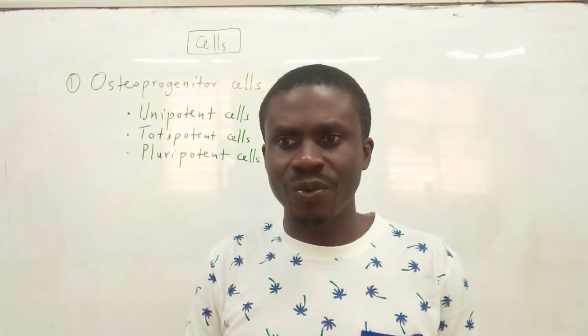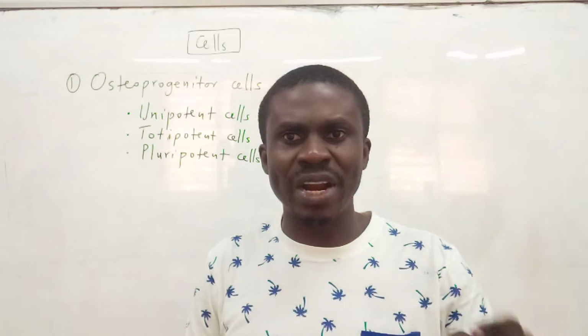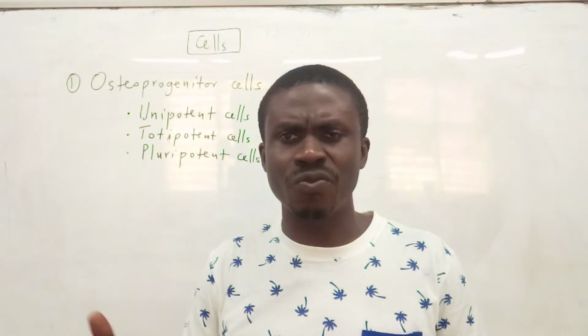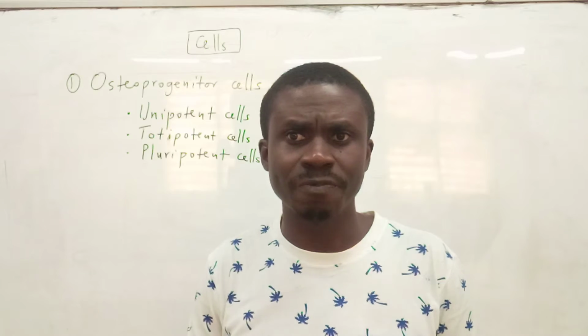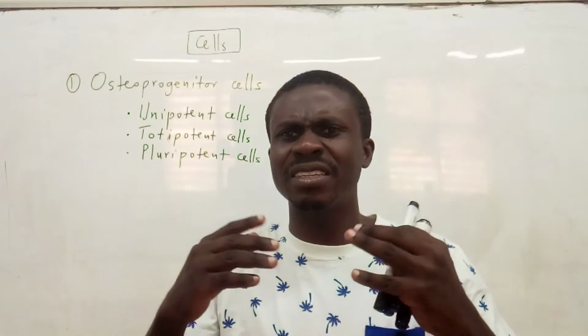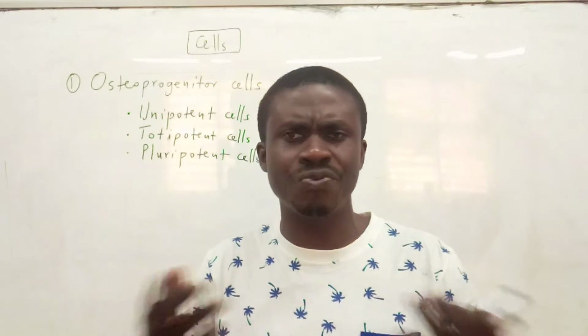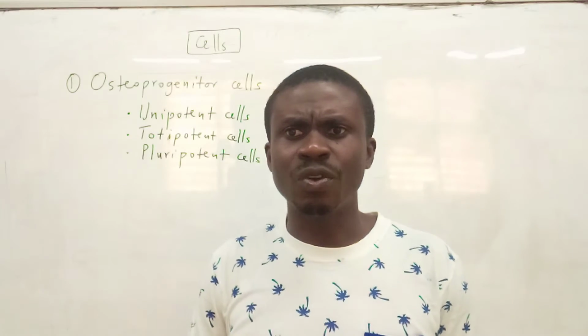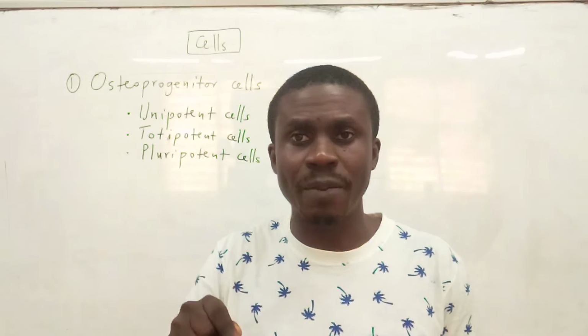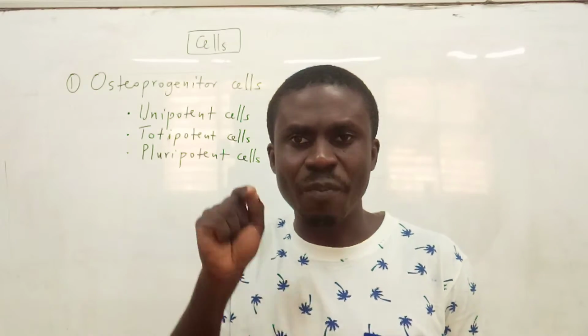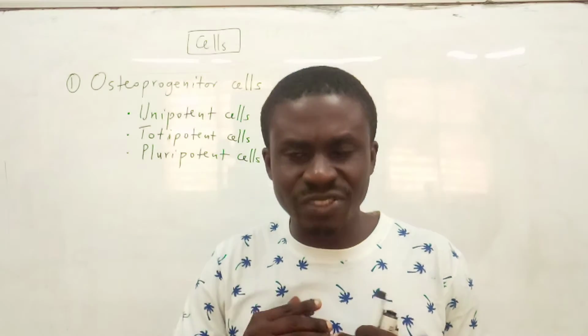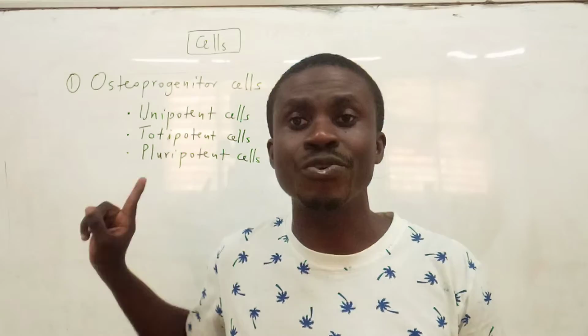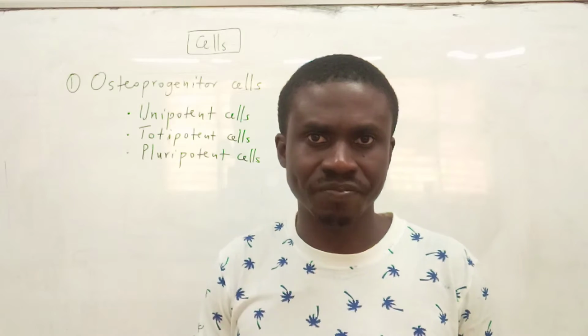They can also be in what we call the lymphoid lineage, where they can give rise to these lymphocytes. So whichever cell type we are talking about, basophil, neutrophil, eosinophil, all these cells will arise from the hematopoietic stem cells. They have several potentials, therefore we call them pluripotent cells.